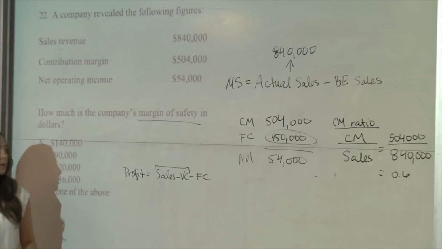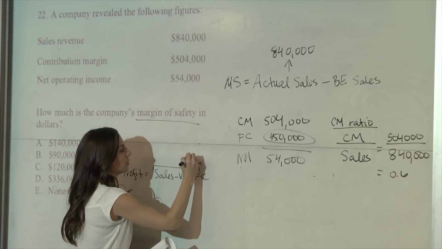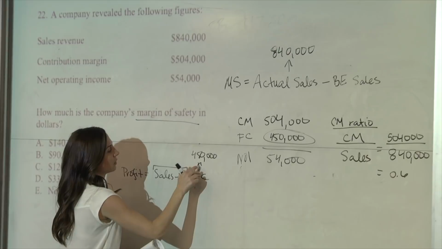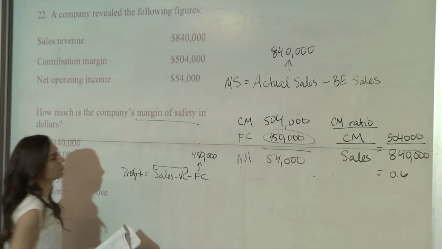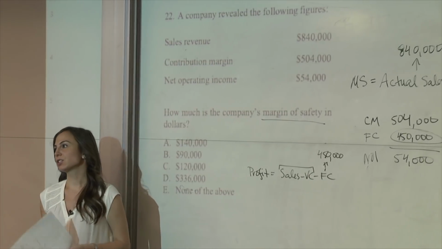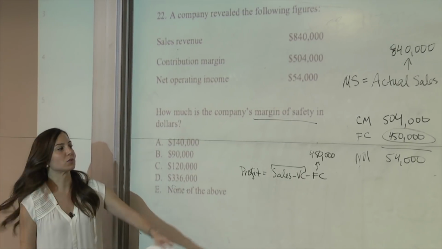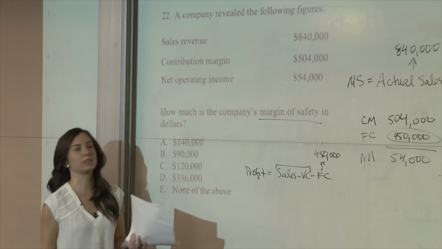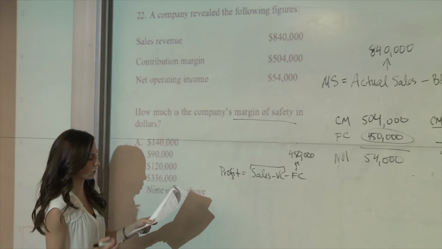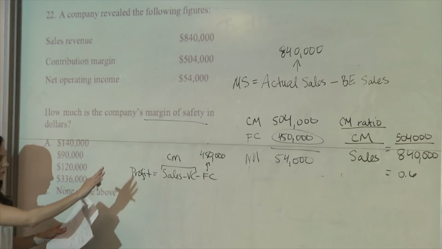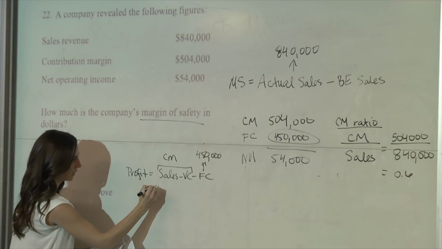It's just one number, so we have 450,000 there, and we know that that's not going to change. Sales and variable costs change based on the number of units, which is why we can't just subtract out a number that we're given in the problem. So we express this, in this case, as a contribution margin.